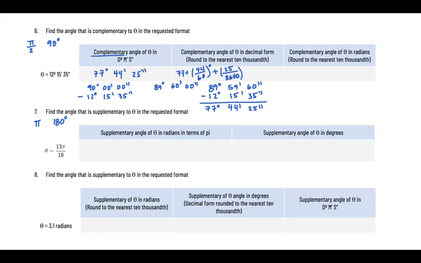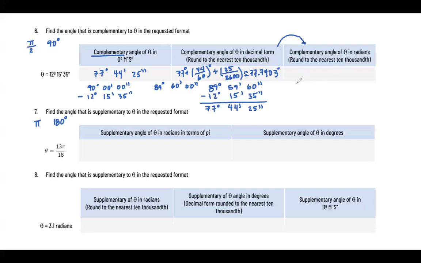I'm going to write 77 degrees on my calculator. Then I'm going to add everything at once: 44 divided by 60 plus 25 divided by 3600. And that is going to be close to 77.7403.